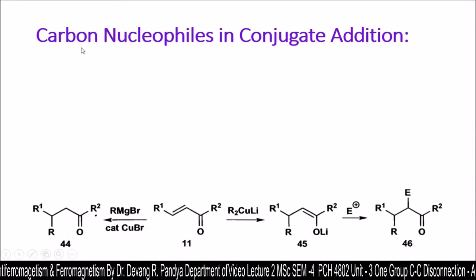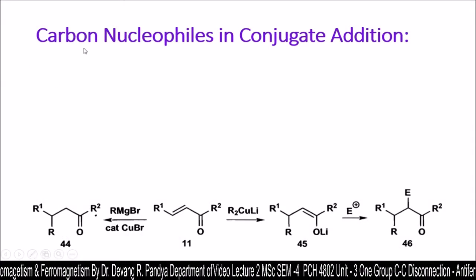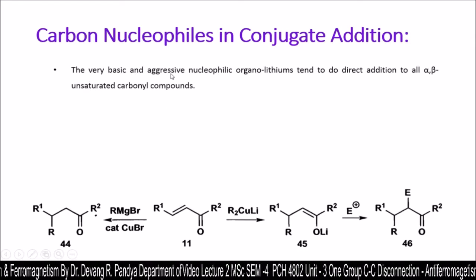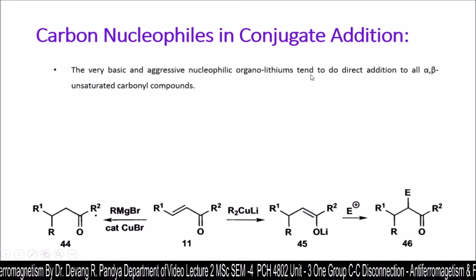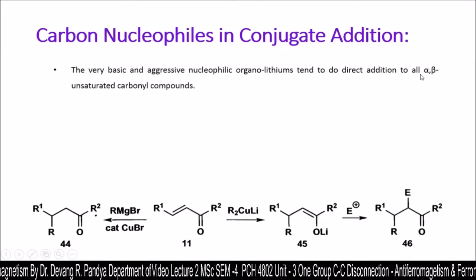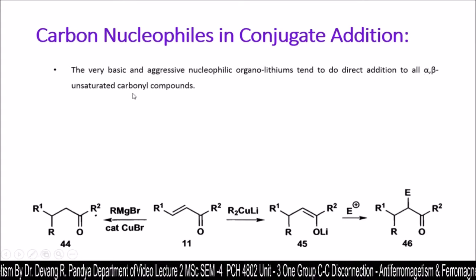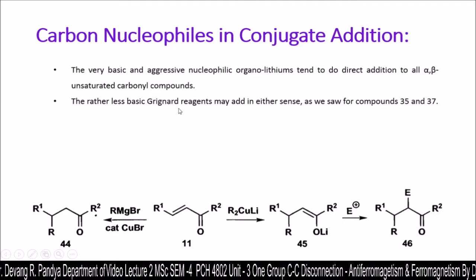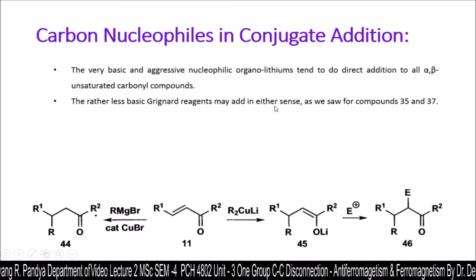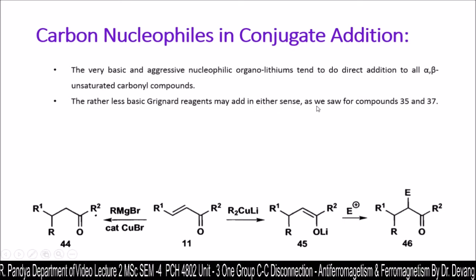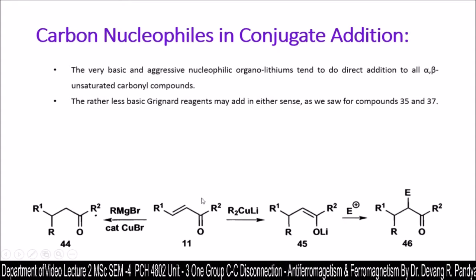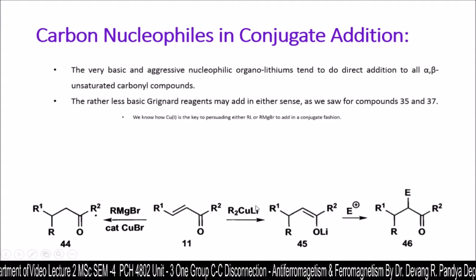Now the next topic is about carbon nucleophiles in conjugate addition. The very basic and aggressive nucleophilic organolithium tends to do direct addition to all alpha beta unsaturated carbonyl compounds. The rather less basic Grignard reagent may add in either sense, as we saw for compounds 35 and 37.